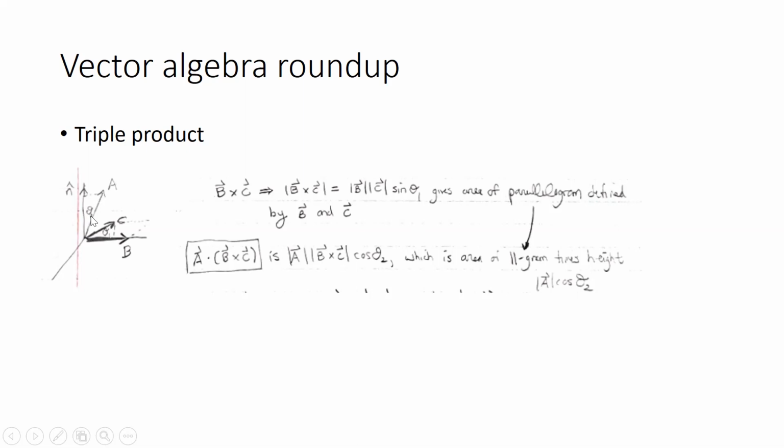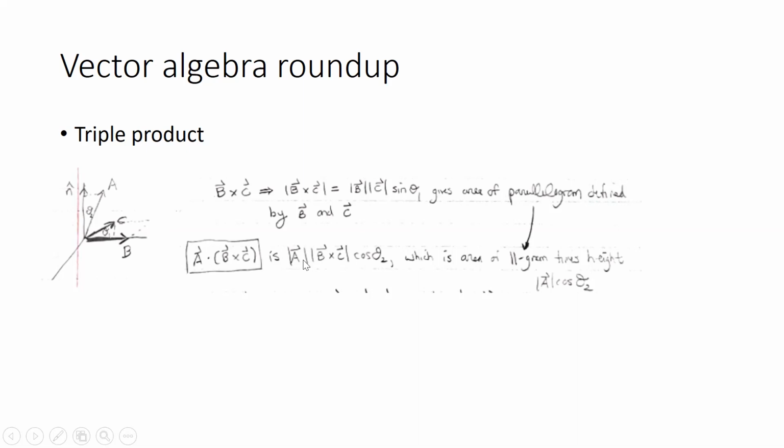And that parallel amount is given by A times cosine of theta 2. So we would have A times cosine of theta 2, which would be the height, and B cross C, which we just showed, is the area of the parallelogram.